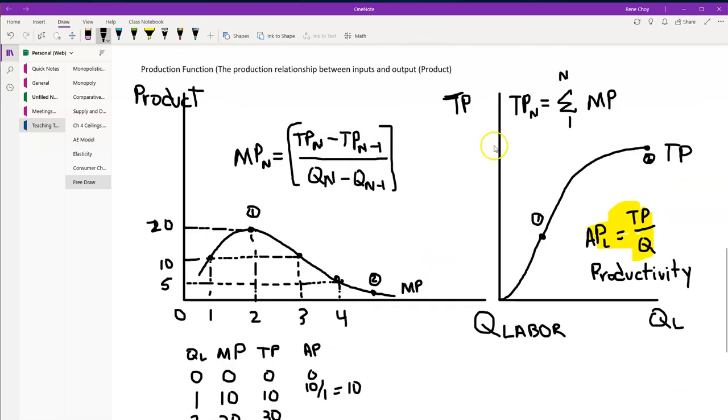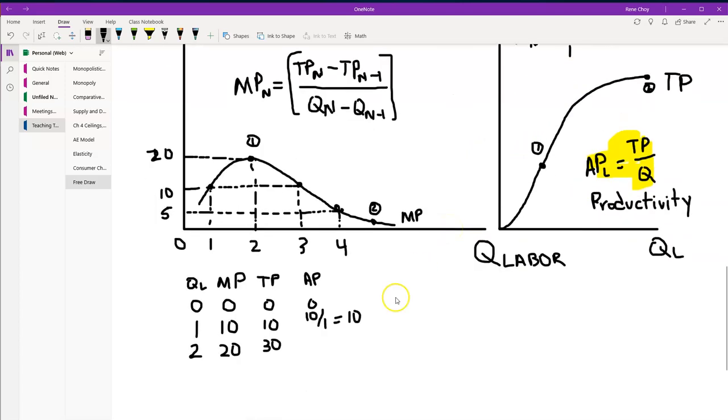And hence the formula here, that total product is the addition of all the marginal products. All right, average product is total, which is 30, divided by the quantity of labor, which in this case is 2. So it will be 15.